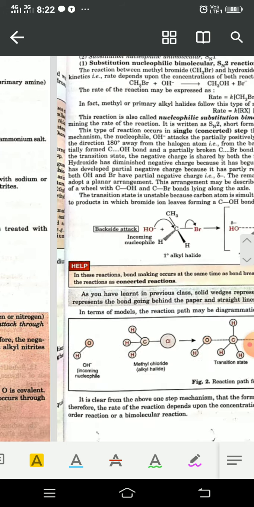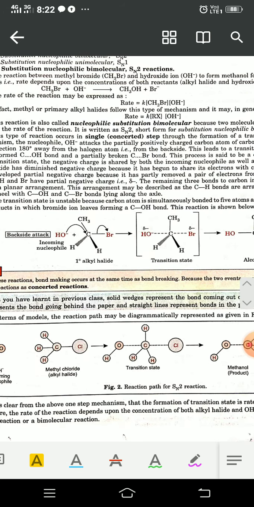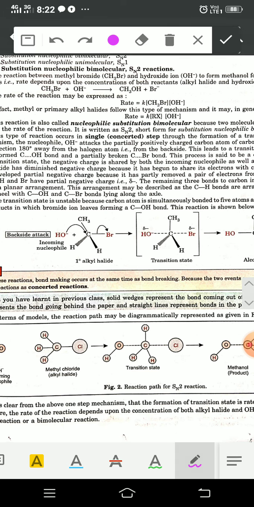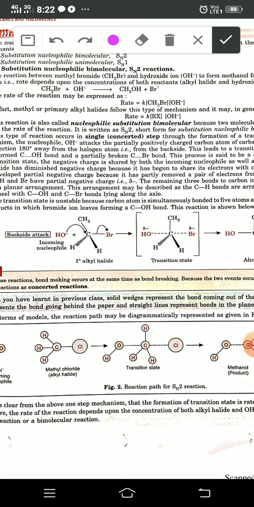Now this is about the nucleophilic substitution reaction. Already I told you how the nucleophile attacks from this side and how the leaving group leaves from this side, and this one is known as the transition state. It is not visible, it is not stable, and here OH gets attached from this side.